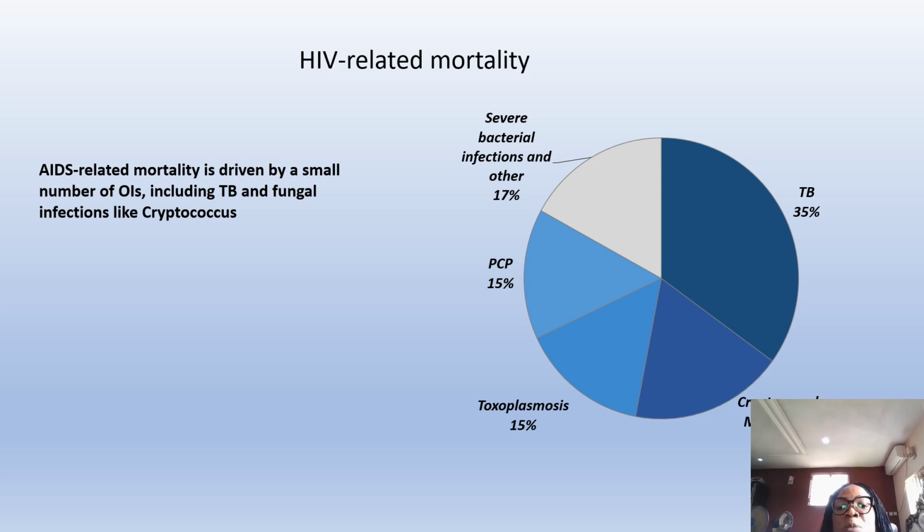You also see pneumocystis pneumonia, which is now called pneumocystis jirovecii pneumonia, causing at least 15%, and toxoplasmosis, and severe bacterial infections that ordinarily may not be severe in immunocompetent individuals. But because these patients are immunodeficient, they come down with HIV-related mortality. Of course, cryptococcal meningitis is also seen.